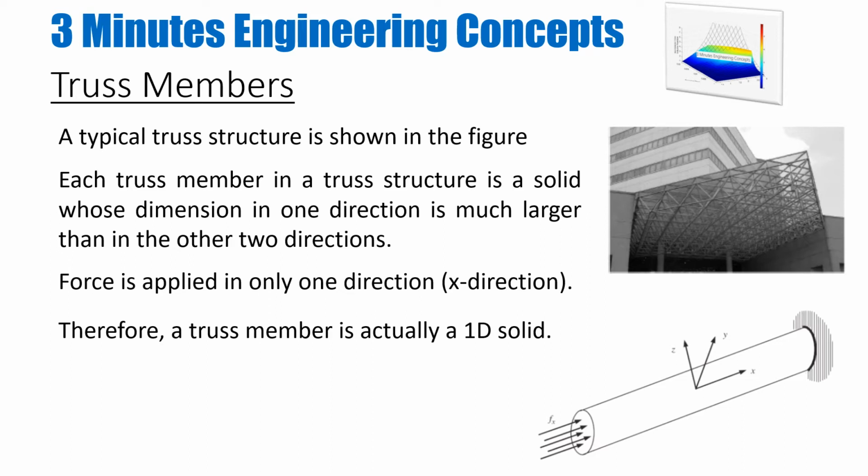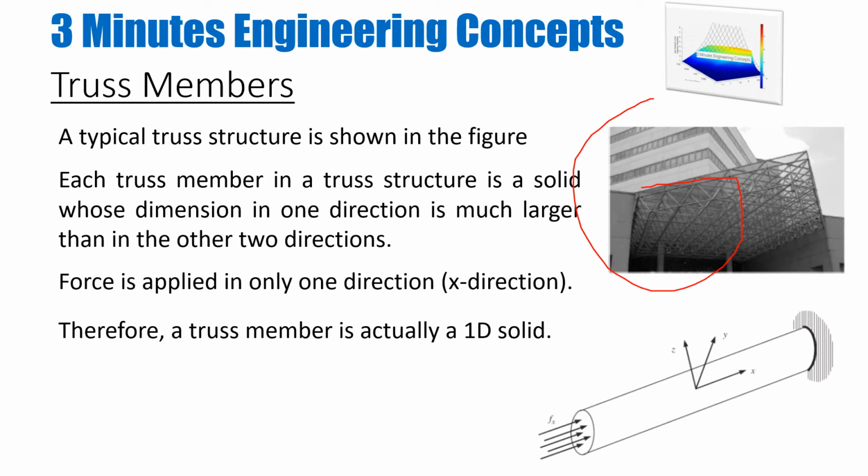If you look at any typical structure like the one shown in the figure here on the right hand side, this is a typical truss structure. Each truss member in this truss structure is a truss element, and it's a solid which has one dimension much larger than the other two dimensions.